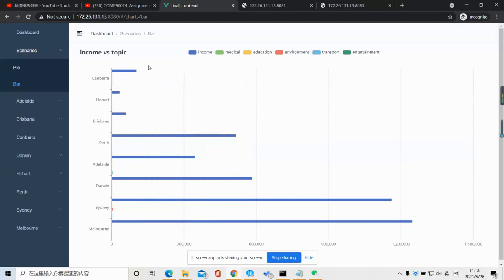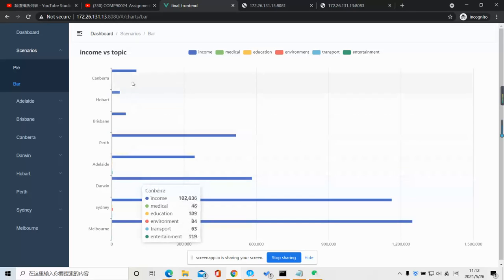As I mentioned when I talked about the map at the very beginning, because the income level is displayed as a very big value, and the topic discussion level is displayed as smaller values, when they are displayed in the same bar chart, we can nearly only see the income level value.